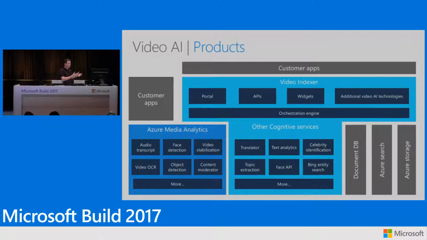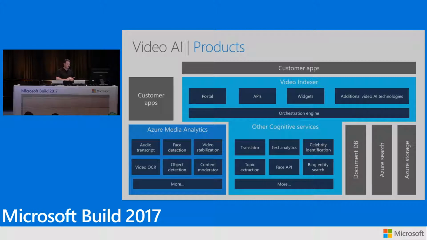So to sum up how all of those products interact together, we have Azure Media Analytics, we have Cognitive Services, and we have Video Indexer. Video Indexer tries to orchestrate all of those technologies, all of those components.